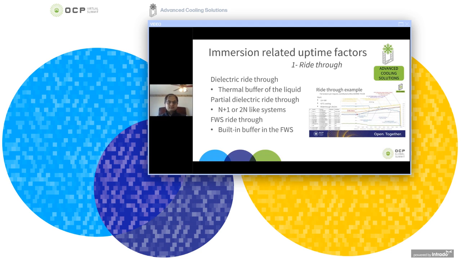So that's basically an effect of delaying an overheating scenario. With a partial dielectric write-through, this kind of delay might actually be extended well beyond that scope of an hour to several hours or even a day, which allows a lot of time to fix any problems inside a facility.